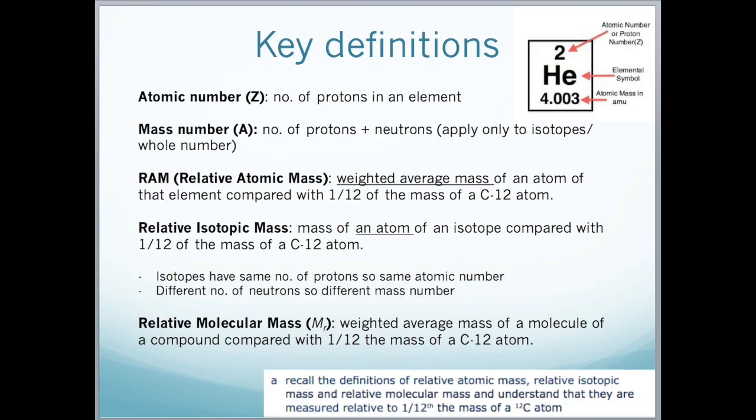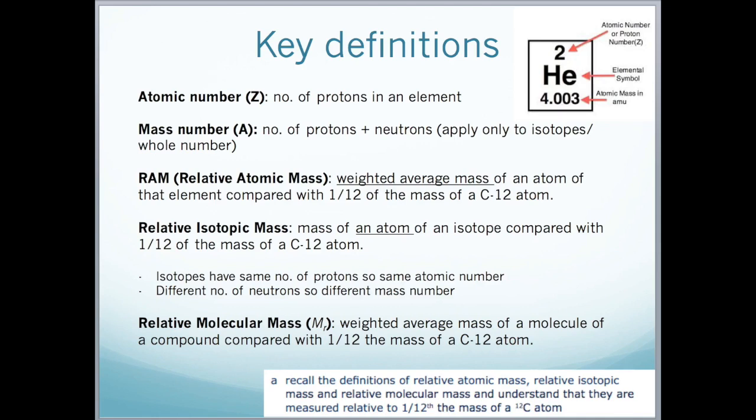Okay, so let's quickly look at the key definitions. First of all, the atomic number, Z, which is the number of protons in an element. In the periodic table, it's usually the number above the symbol of the element. Mass number A, which is found at the bottom of the element, tells us the number of protons and neutrons of that element.